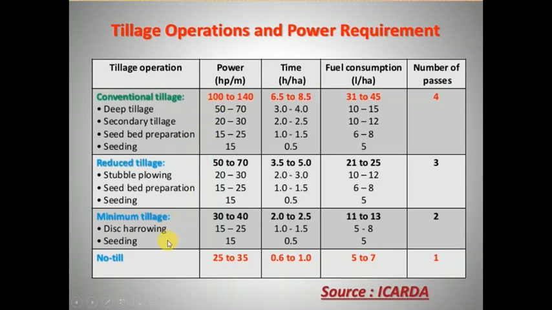Whereas when it comes to the no-till situation, the power usage, time consumption and fuel consumption are much more reduced when compared to conventional tillage, even reduced or minimum tillage situations.